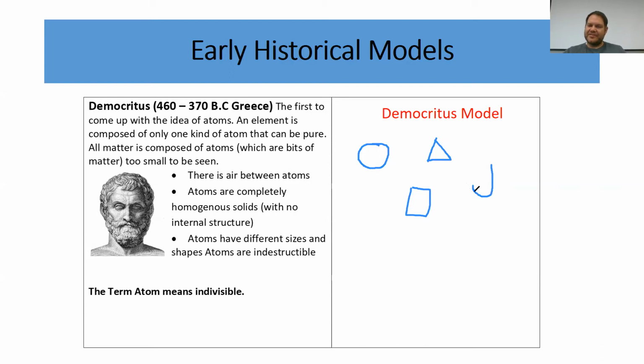But somehow these atoms would come together and start forming complex materials, such as the Earth or the universe as a whole, being that there are infinite numbers of them.